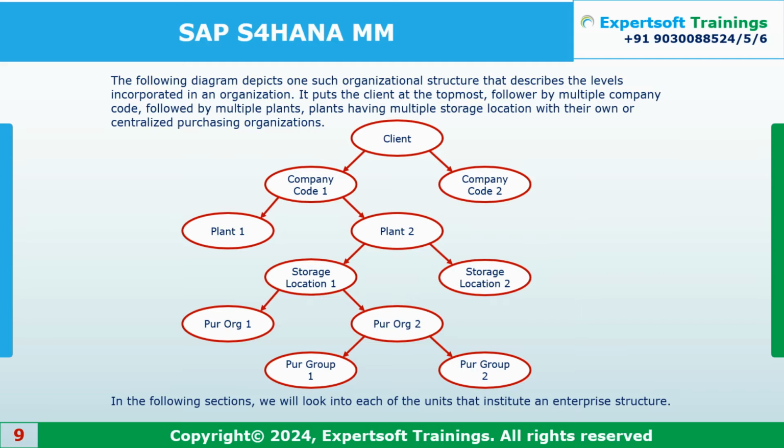Data that is maintained at a client level is valid for all the organization levels. So whatever data is maintained in this client is applicable for all the org levels. So what do we mean by org level? Number one, company code is an org level. Number two, plant is an org level. Number three, storage location is an org level. And number four, purchasing organization is an org level.